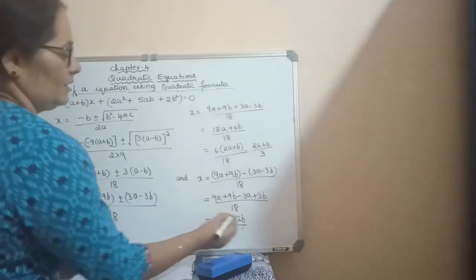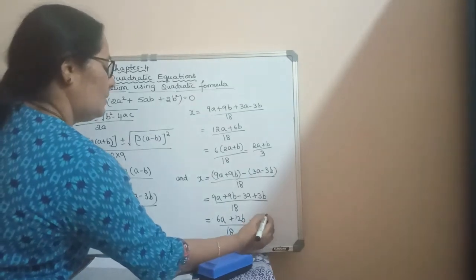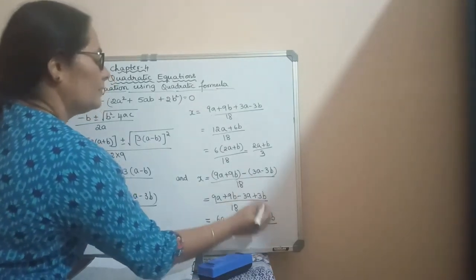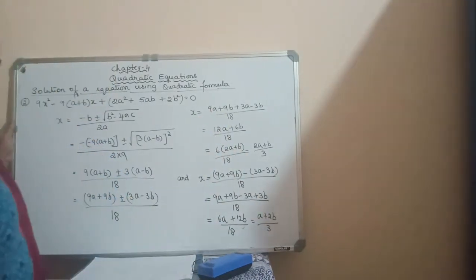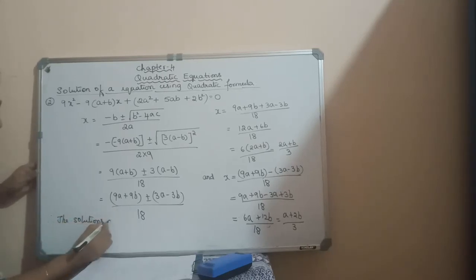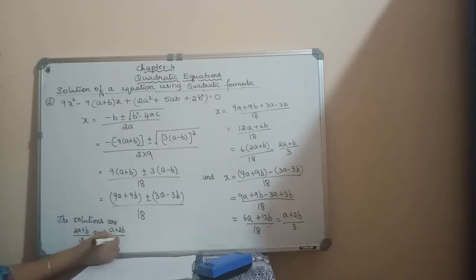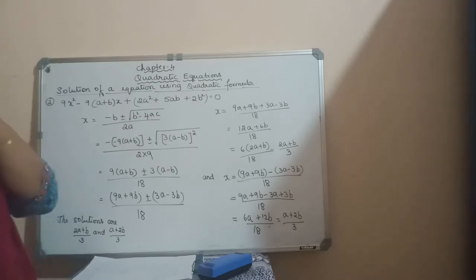So which is equal to, so take 6 as common. So you will get a plus 2b by 3. Therefore, the solutions are 2a plus b by 3 and a plus 2b by 3. These are the two solutions of this quadratic equation.